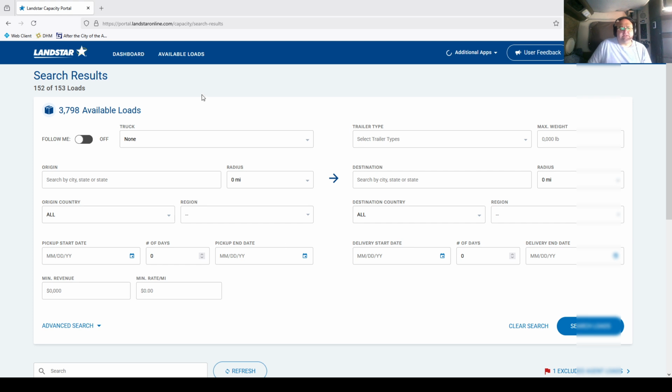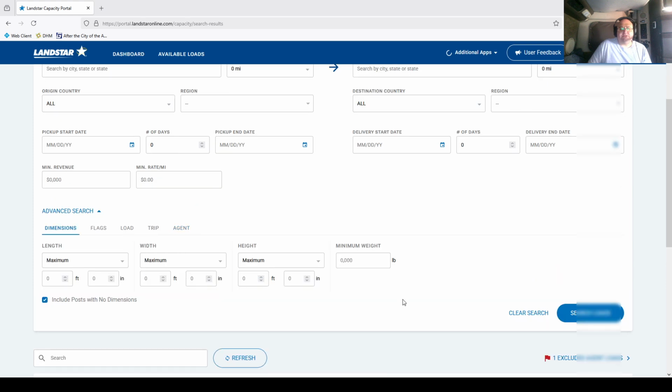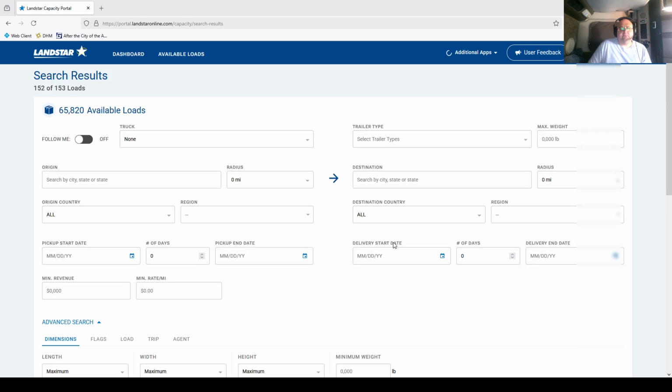So let's just look at the load board first of all. Let's clear the search. I don't have anything at all. So this is every single load on Landstar's load board. Unless there's some restricted access loads that I don't have access to, there are 65,820 loads on Landstar's load board.